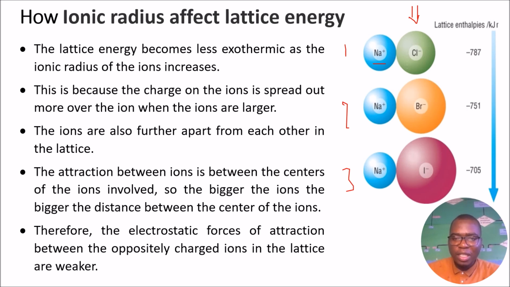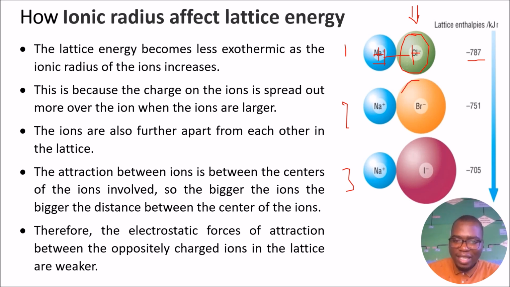So what is happening here is, as the size of the anions increases, the lattice energy is decreasing. Here, the smaller chloride and the sodium cation, this is a positively charged nucleus, and the chloride here is negatively charged. So the electrostatic force of attraction here is a bit closer, so they are going to be tightly held. Therefore, the lattice energy is going to be more exothermic, or more negative.